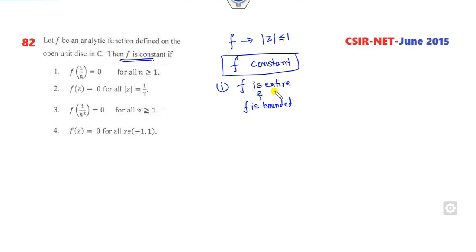If you prove these two things, it means it is constant by using Liouville's theorem. Or instead of F, you can prove that either the real part or the imaginary part is constant or bounded. If you prove that, it means F is constant.